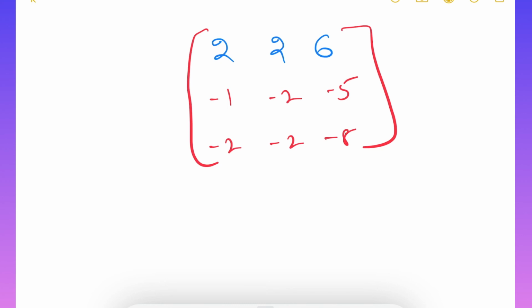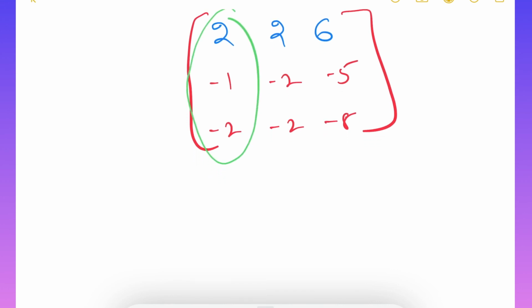Now for this cofactor matrix, the transpose is nothing but exchanging the rows to columns and columns to rows. So here, this 2, minus 1, minus 2 is the first column. Let us write that as a row: 2, minus 1, minus 2. Next, the second column, 2, minus 2, minus 2, we write as the second row.